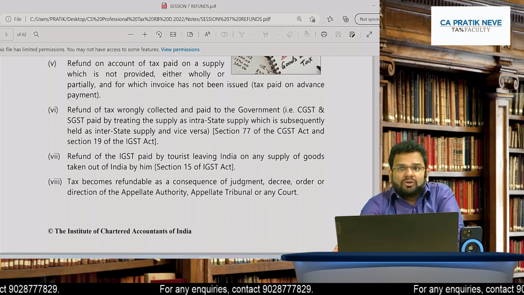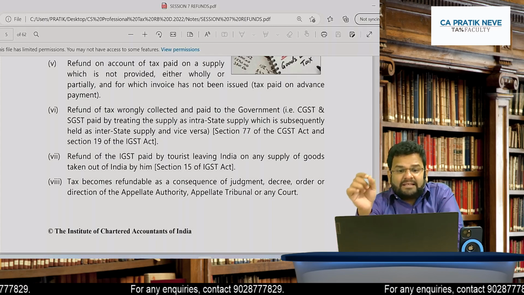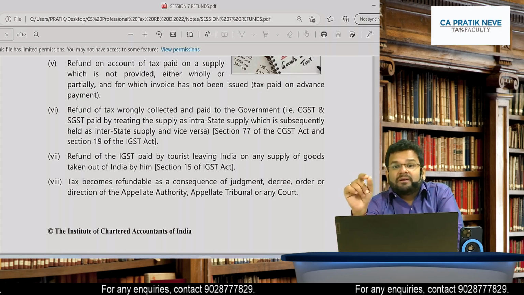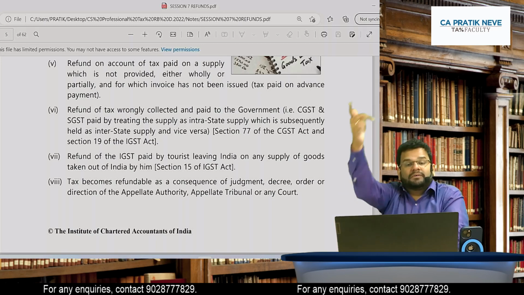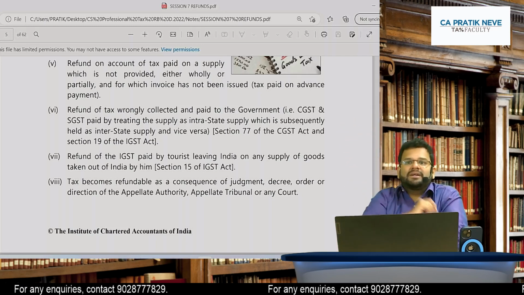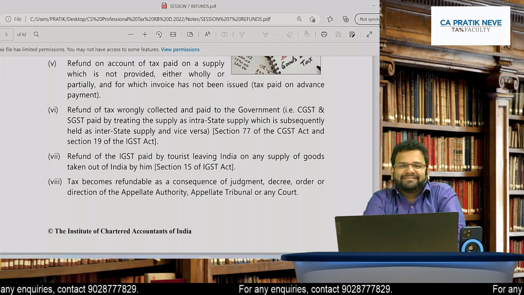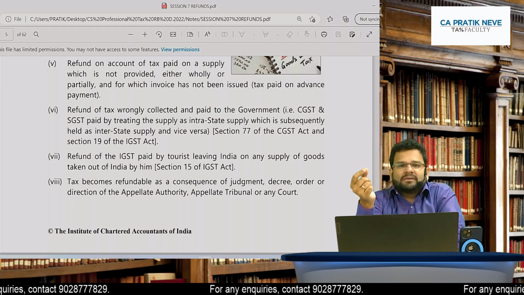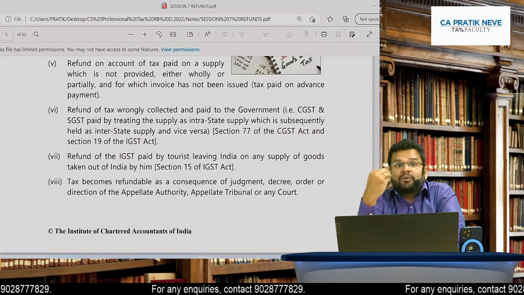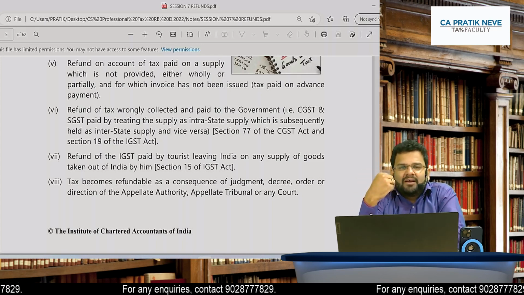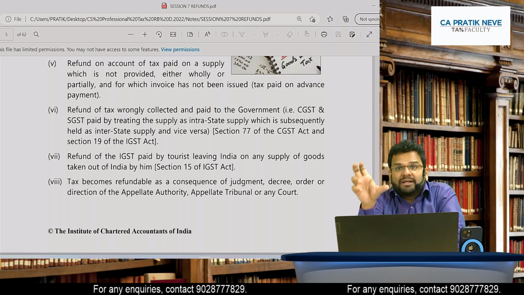Refund on account of tax paid on supply which is not provided. So I told you that I am going to give a service in future to some entity. For giving that outward supply, I took advance. So time of supply for that advance is today itself.